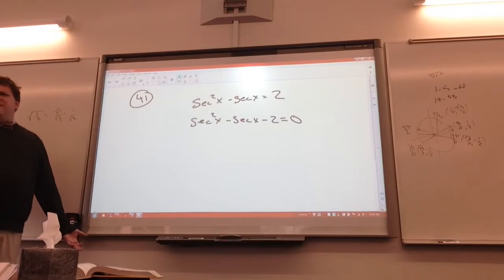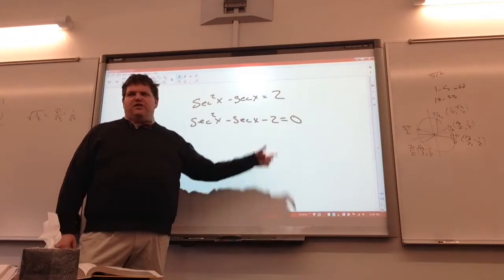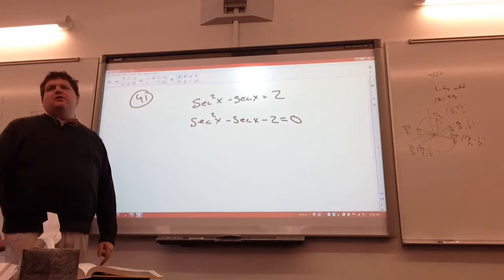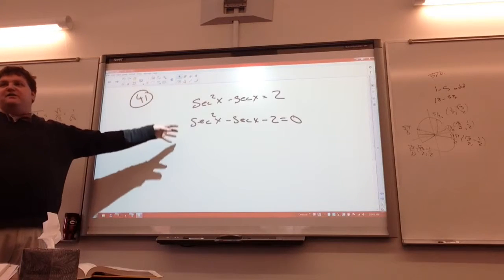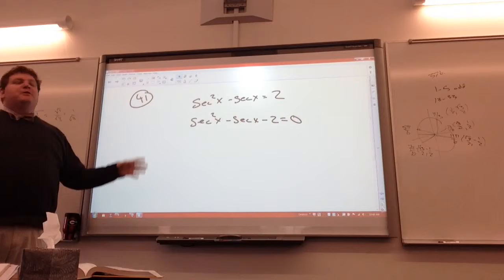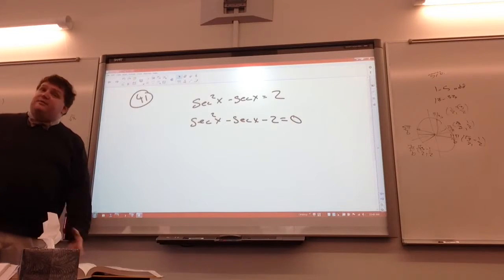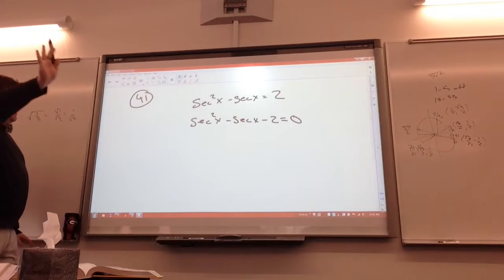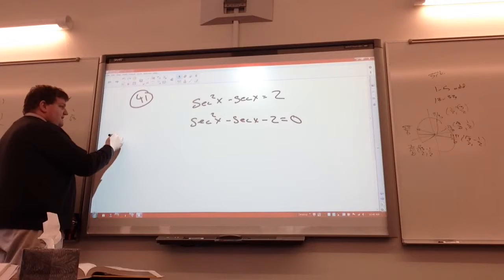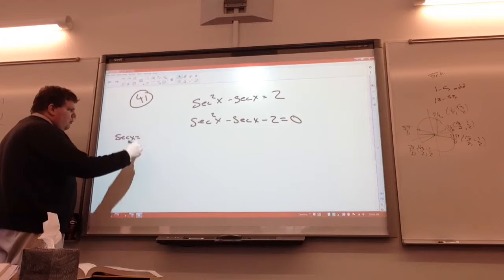Any time you see something like thing squared, thing, number, you're actually dealing with a quadratic equation. And if it's too difficult to see how you would factor this, replace the offending thing with a single variable. You can always do that. It's called substitution. I just say, I don't want to deal with secants, secant's a mess in my head. So we'll say the secant of x, we'll make that equal to y.